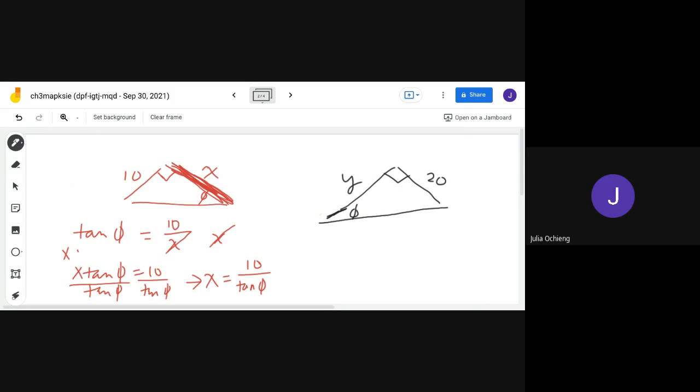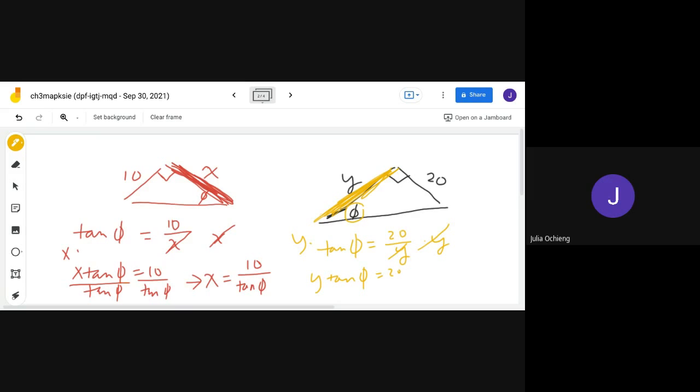And we're looking for this, because that's the length of the pulley belt. So it's this one right here. I'm looking for that length, and it's still going to use tan, because tan of phi is going to equal 20 over y, opposite over adjacent. Multiply both sides by y. That cancels. y tan phi equals 20.